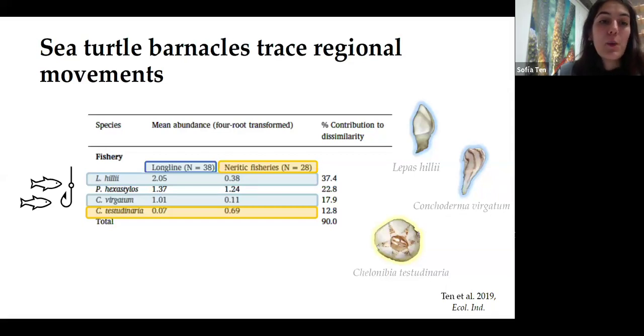And we cross-validated this with diet data, so we studied the digestive content of the turtles that died, and we found the same patterns. So these two barnacles, Lepas and Conchoderma, on oceanic turtles, Chelonibia on neritic or coastal turtles.